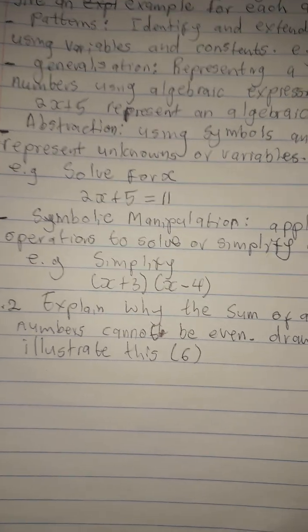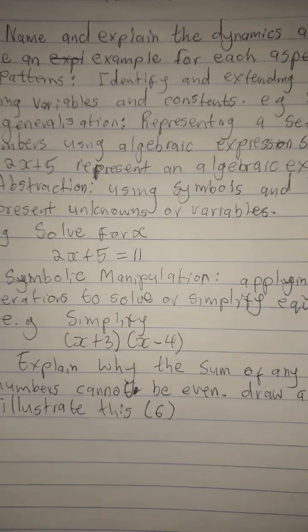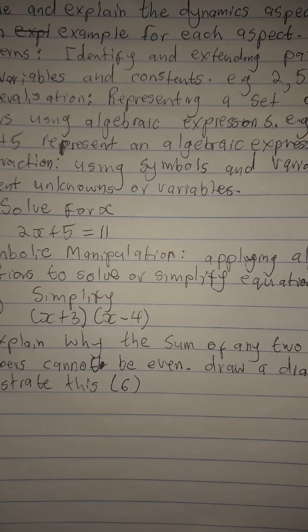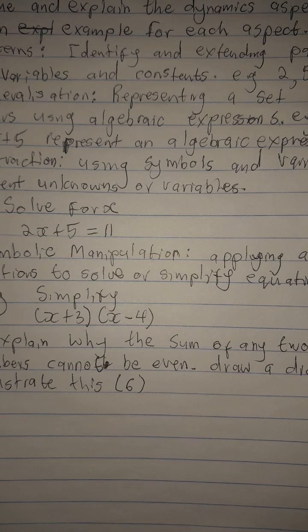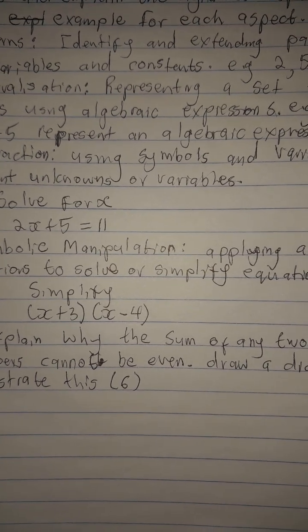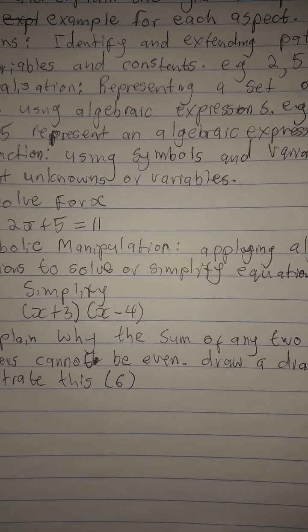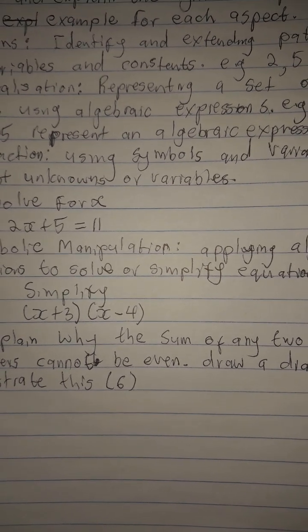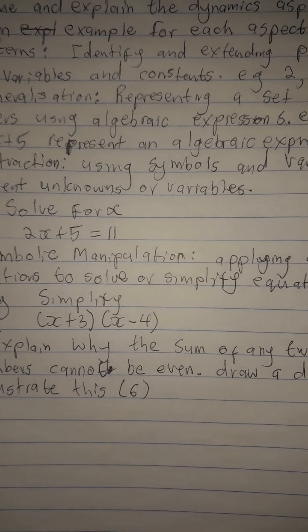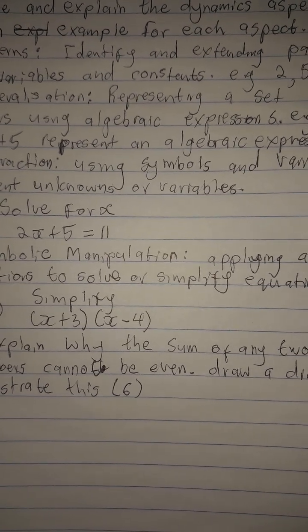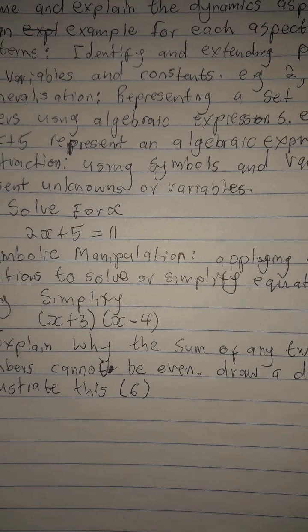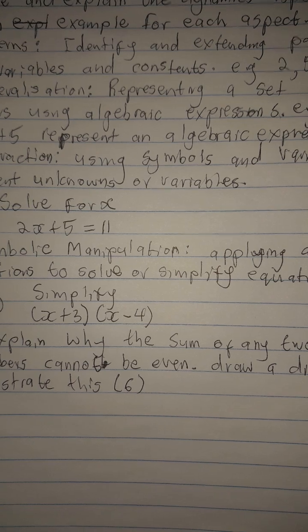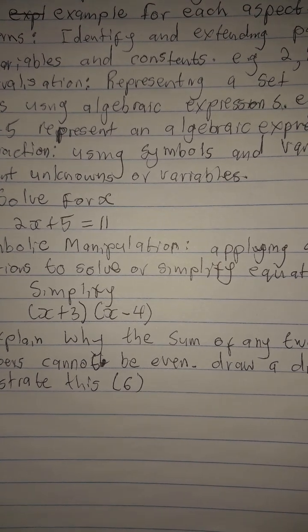When you explain such a question, you first say the sum of any two consecutive numbers cannot be even. When you add two consecutive numbers, one is always odd and the other is always even. The sum of any two consecutive numbers cannot be even, because when you add two consecutive numbers, one is always odd and the other is always even.